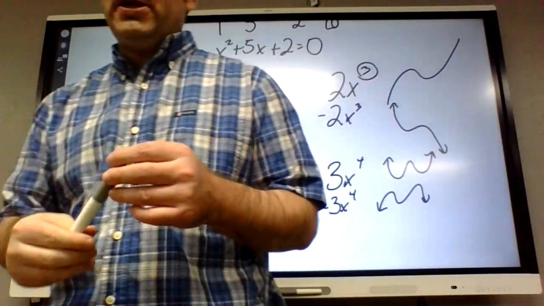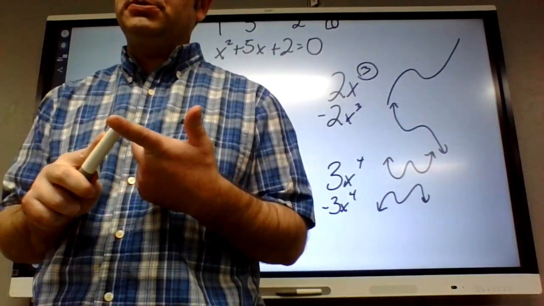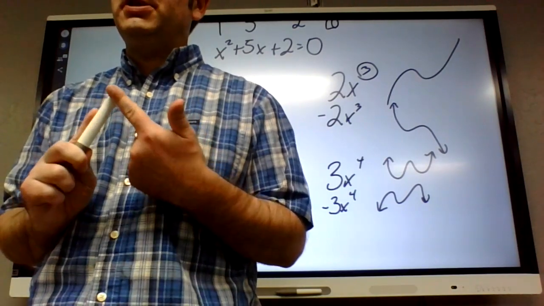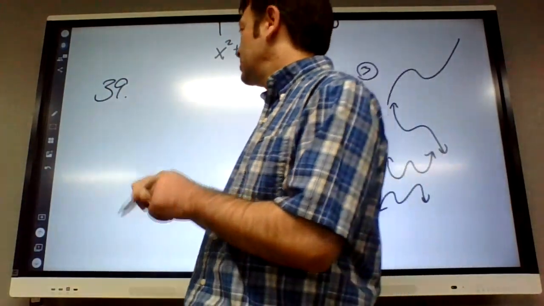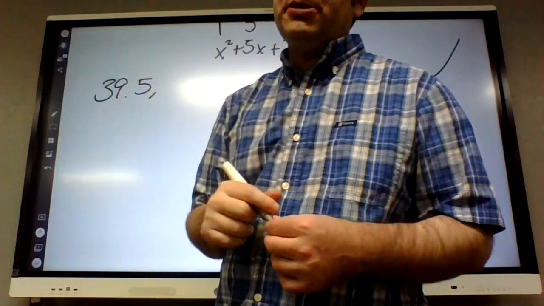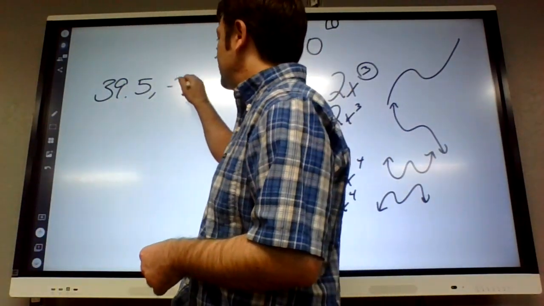On 39, the first question is, what's the degree of the polynomial? 5. It's the largest power. What's the leading coefficient? Negative 2.